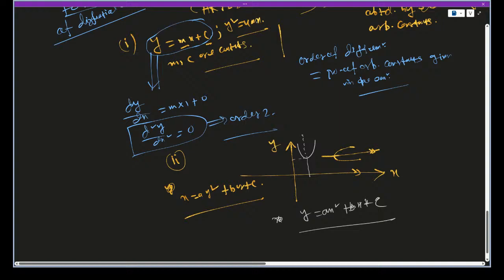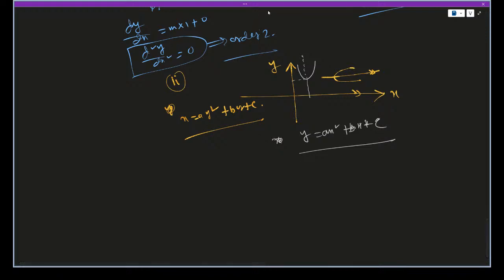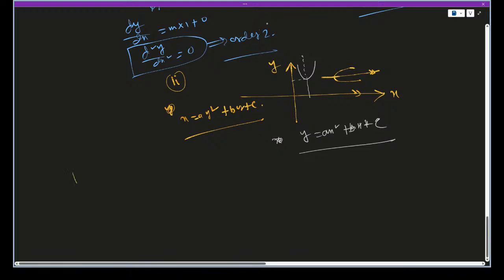So just write the differential equation of all the parabolas whose axes are parallel to the x-axis. Just do it, taking it as a challenge before I do.